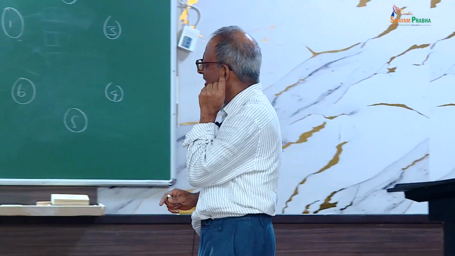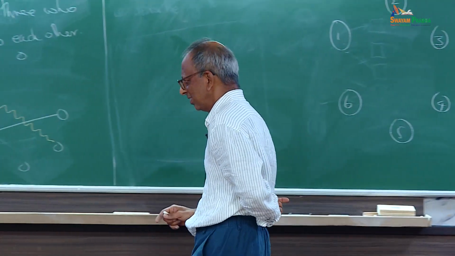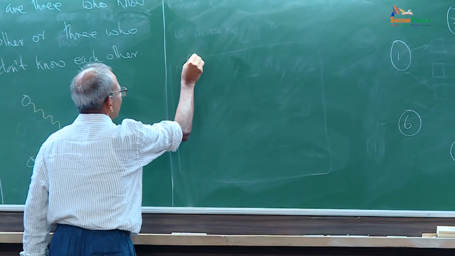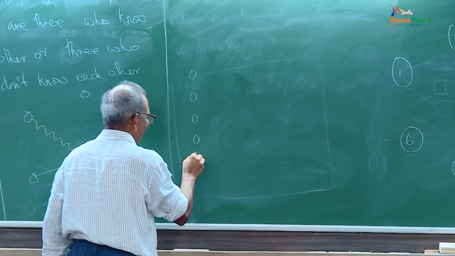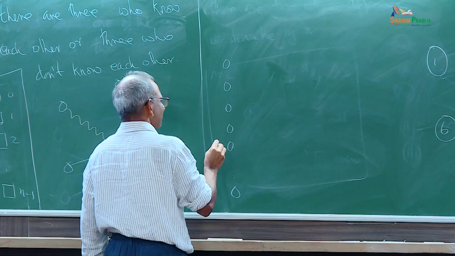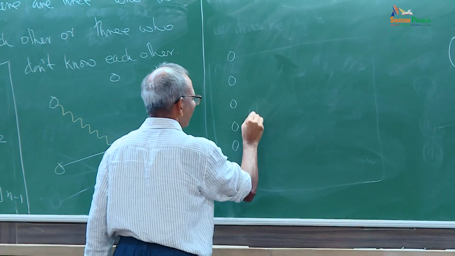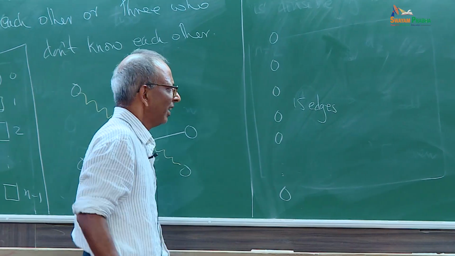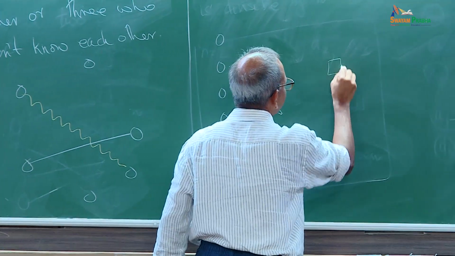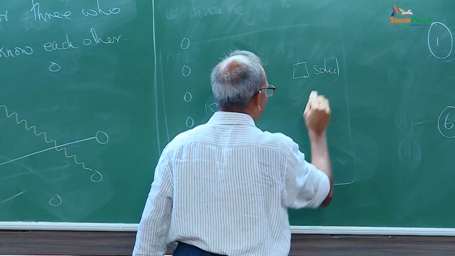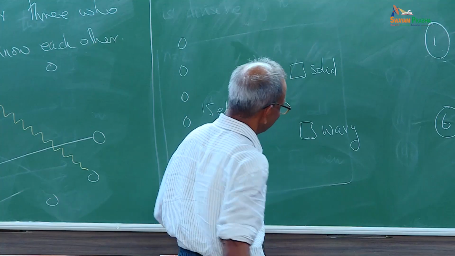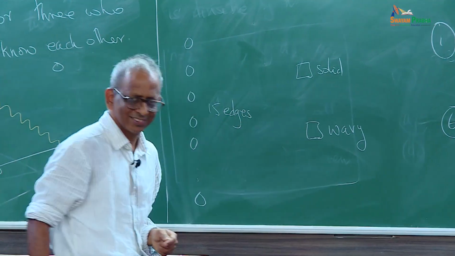So there are 15 edges, and each of them could be either solid or, as I'm calling it, wavy.